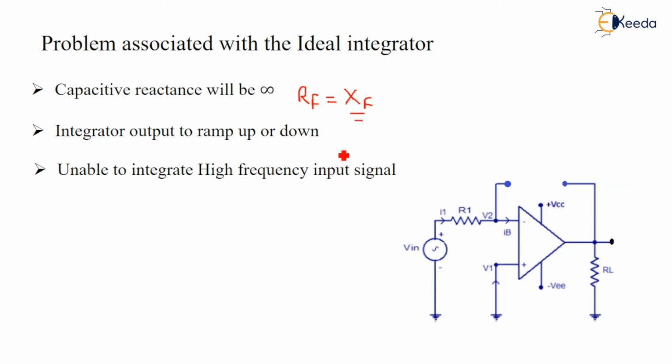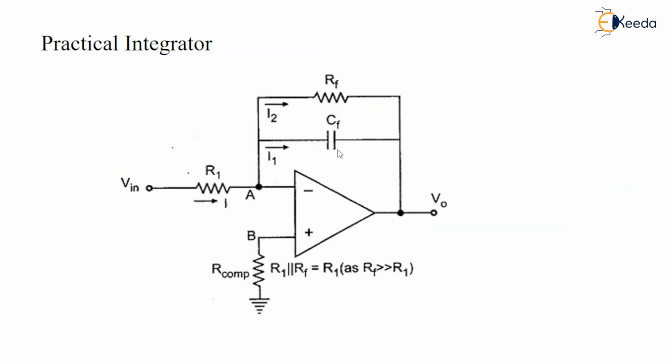So to rectify these drawbacks, the practical integrator is modified. The first modification is done for the bias current, which ramps the output of the integrator up or down.